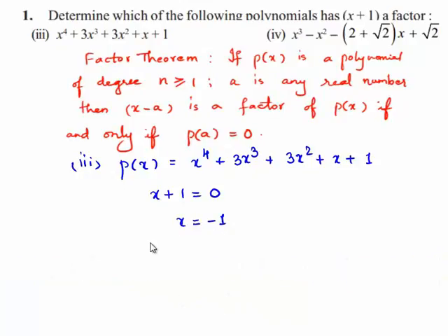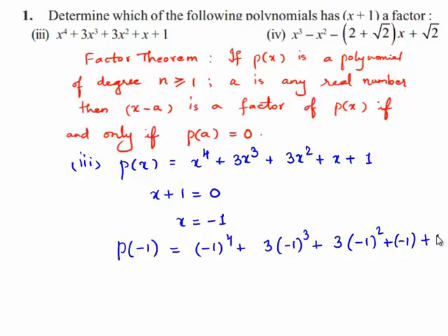the given polynomial. So we can substitute p of minus 1 is equal to minus 1 whole power 4 plus 3 times of minus 1 cube plus 3 times of minus 1 square plus of minus 1 plus 1. This gives 1 plus 3 times of minus 1 plus 3 times of plus 1 minus 1 plus 1.